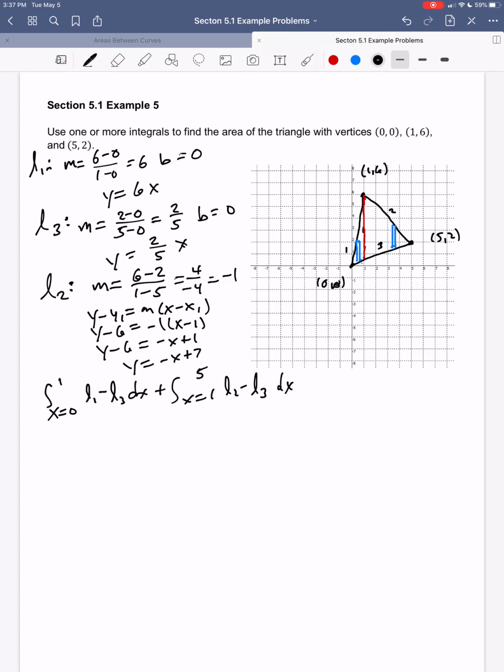Okay. So we've got our equations for line 1, line 3, and line 2 up here. So line 1 has the equation 6x. Line 3 has the equation 2/5 x. Here, line 2, that's negative x plus 7. Line 3 is 2/5 x.